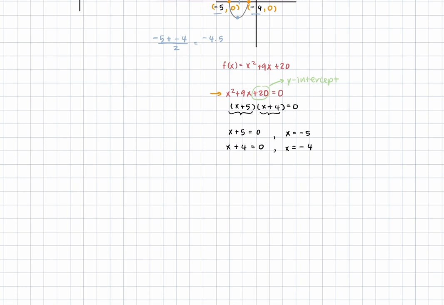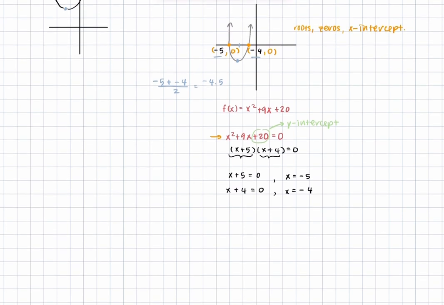Now we want our y value. To get our y value, all we're going to do is substitute -4.5 for x into the standard equation. Once we plug in -4.5, so -4.5 squared plus 9 times -4.5 plus 20, we're going to get that our y value equals -0.25.